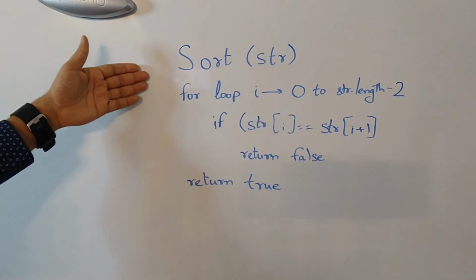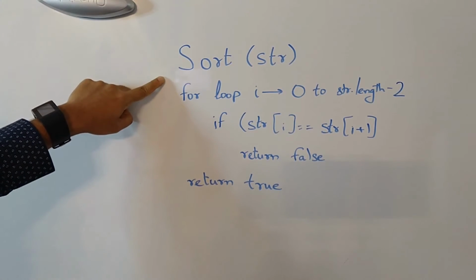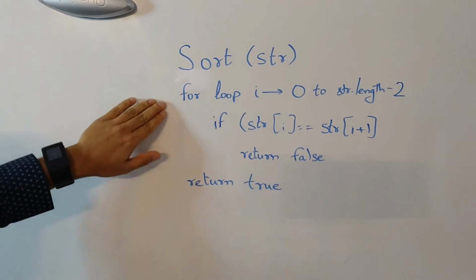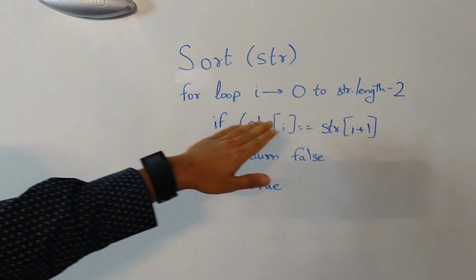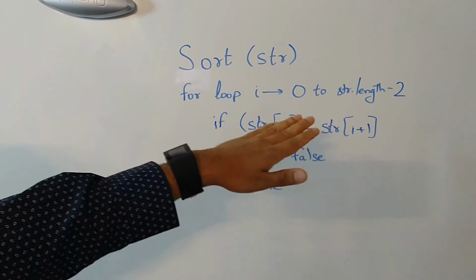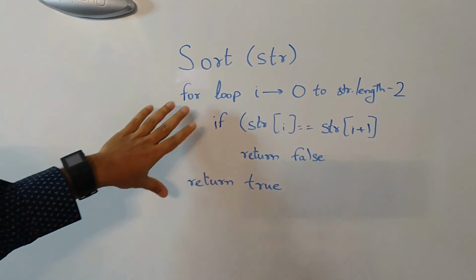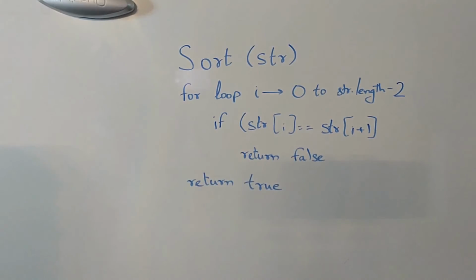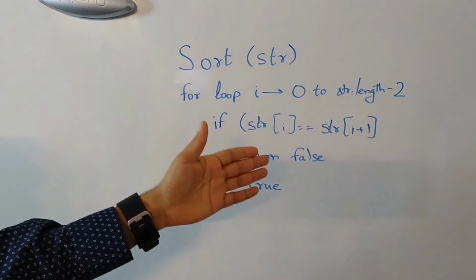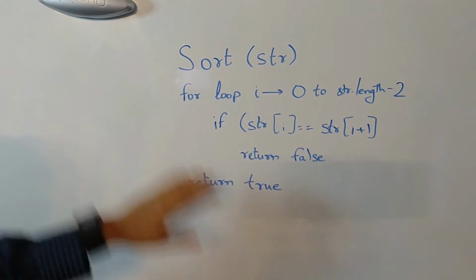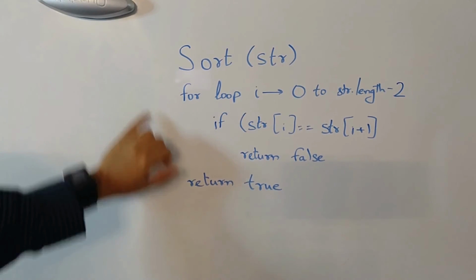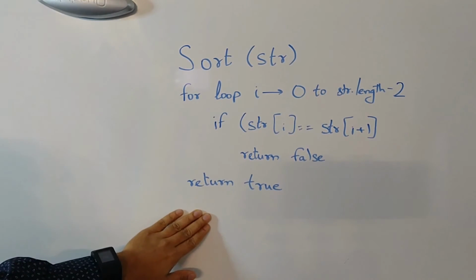Here is the pseudocode for the solution that we just discussed. As you can see, we first sort the string, then we run our for loop from 0 to string.length minus 2. At each and every iteration, we check if string[i] is equal to string[i+1]. If the characters match, we return false. Otherwise, at the end of the for loop, if no adjacent characters match, then we return true.